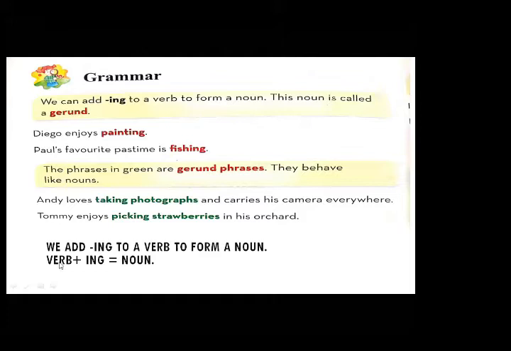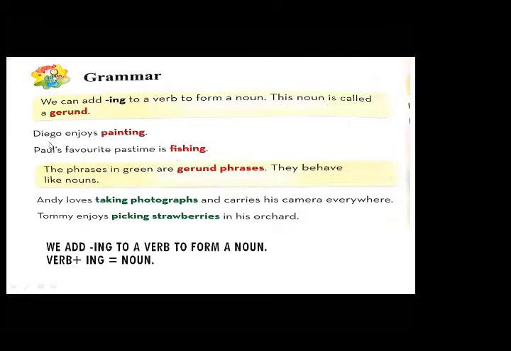Like verb plus ing is equal to noun. We make a noun by adding ing with the verb. And this ing-added verb is called a gerund.